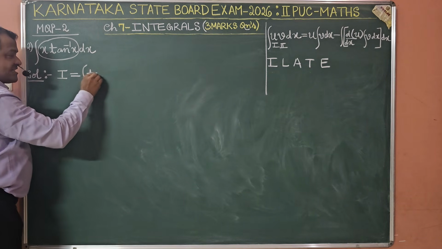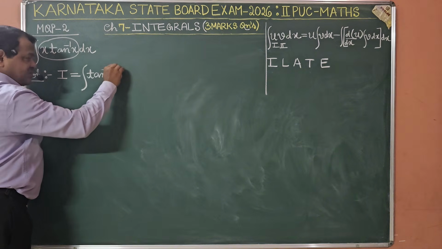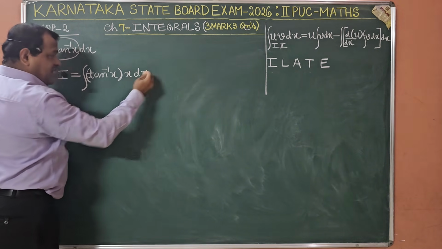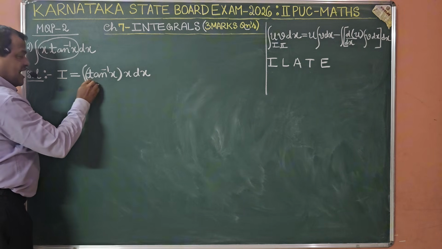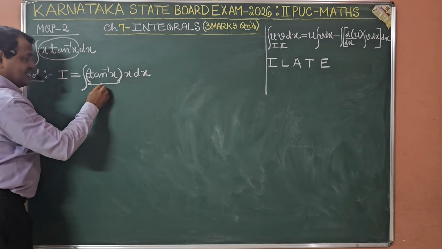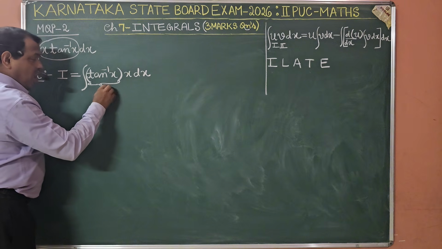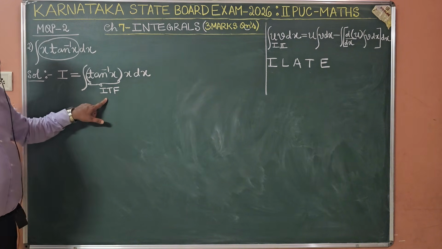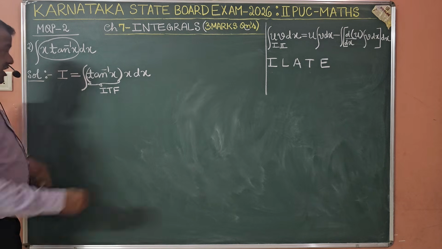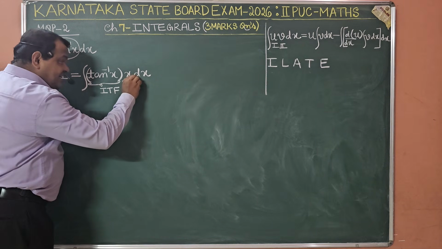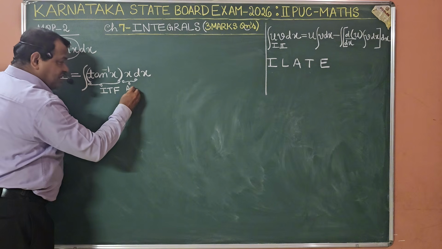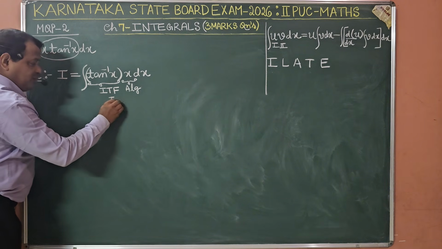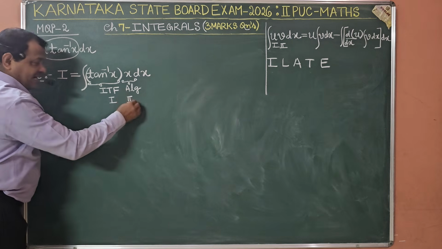Tan inverse x is my first function, and x is the second function. Tan inverse x is, I will write here in short, ITF, the short form of inverse trigonometric function, and this x is an algebraic function. According to the rule, this should be the first function and this should be the second function.